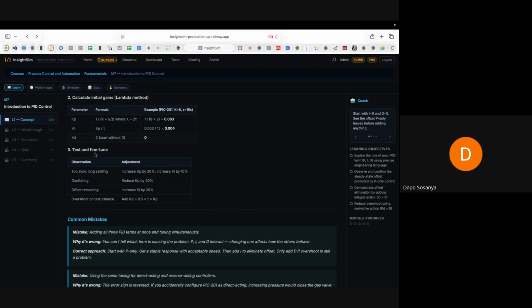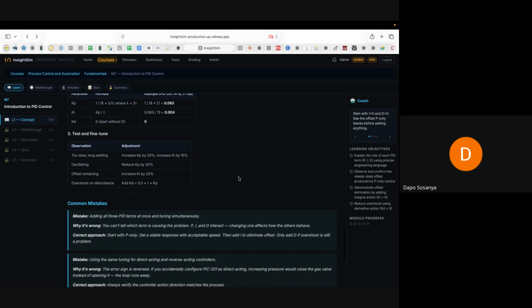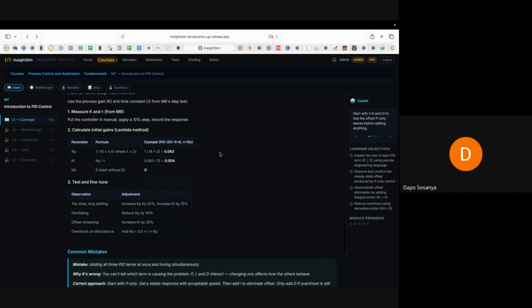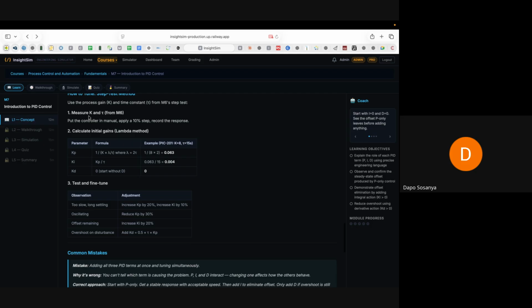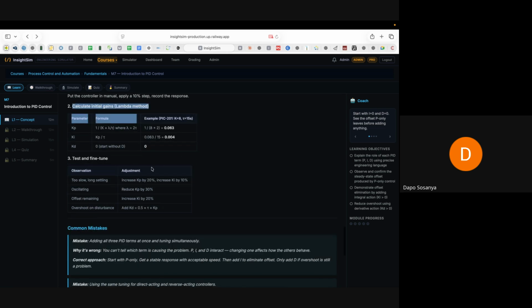All right. So common mistakes. You test and then you fine tune. The steps: you measure your K, that is your process gain, and then you understand your tau, the process lag, right? And then you calculate your initial gains using the lambda method, and then you test and fine tune.